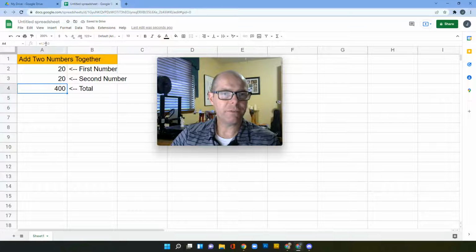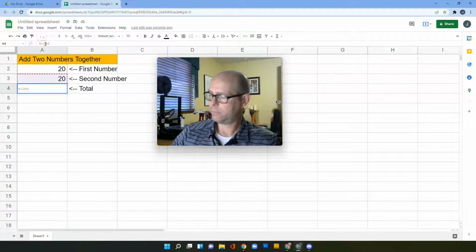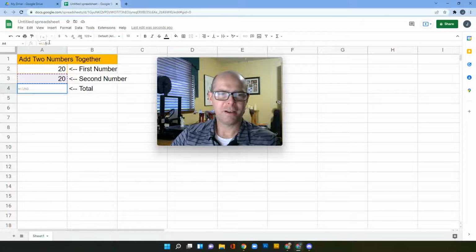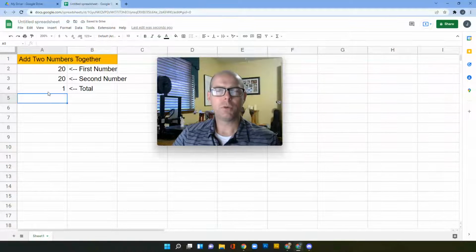If you would like to divide, then you make it a fraction by using the division symbol, as I call it. Forward slash, backward slash, I always get them confused. This is how you would make it a fraction, A2 over A3, enter, and that gives us 1. So this is how you do math in Sheets.